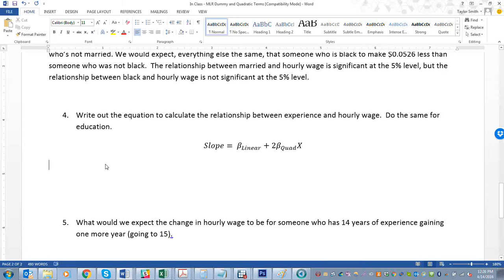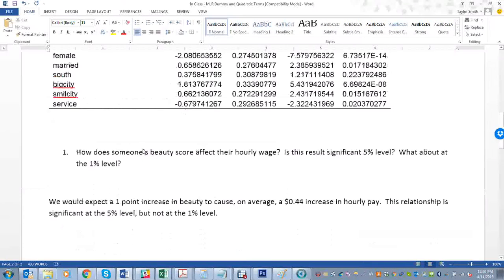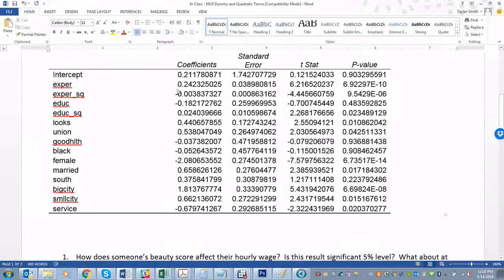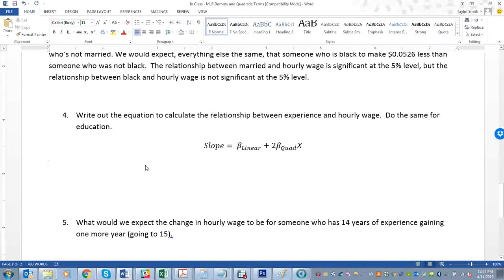For those who don't have calculus, ignore everything I just said. So we're talking about experience first. So the beta linear, the coefficient on the linear term, in this case we estimate that to be 0.2423. That's the one that's not squared. So if it's not squared, it's the linear one. Okay, so we're going to come down here, and then so the slope, let me do this in an equation.